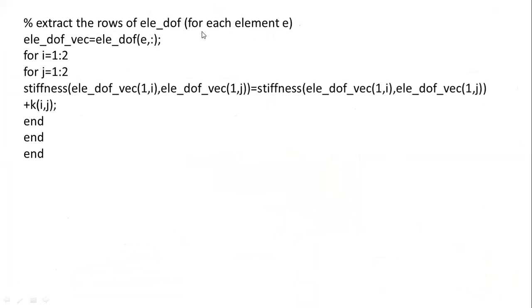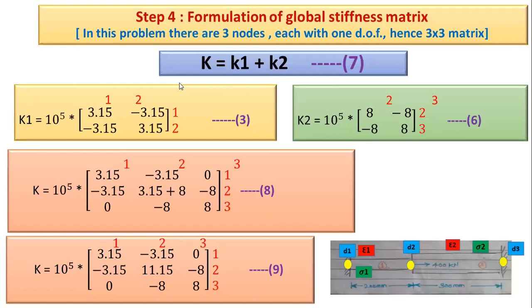This extraction is applicable for 2 elements, and each individual stiffness matrix has 2 rows and 2 columns: first row, second row, first column, second column, 1 minus 1 minus 1 minus 1.